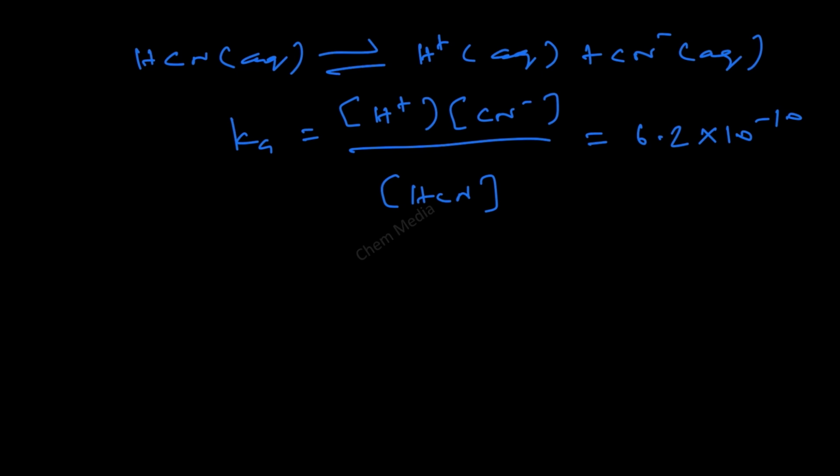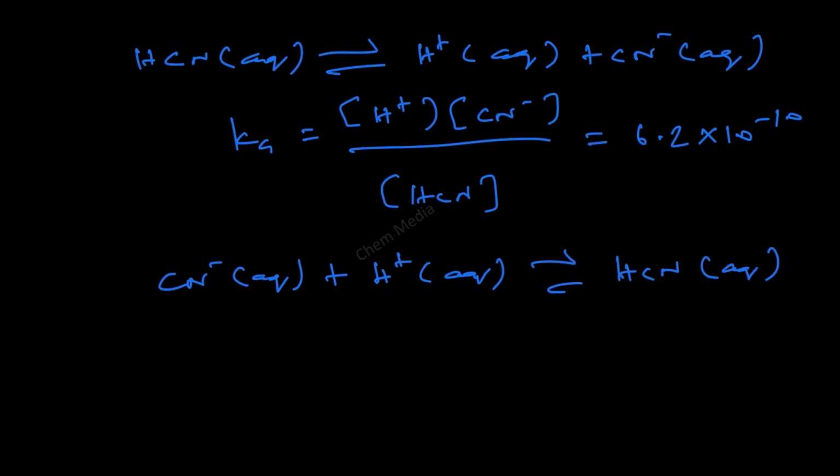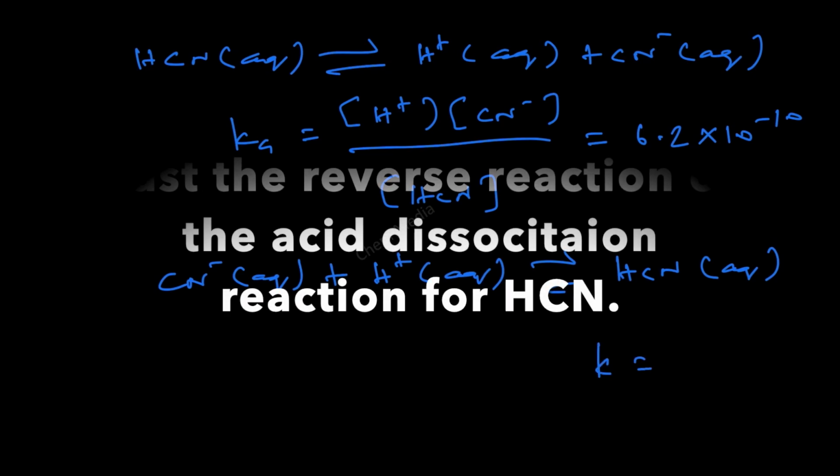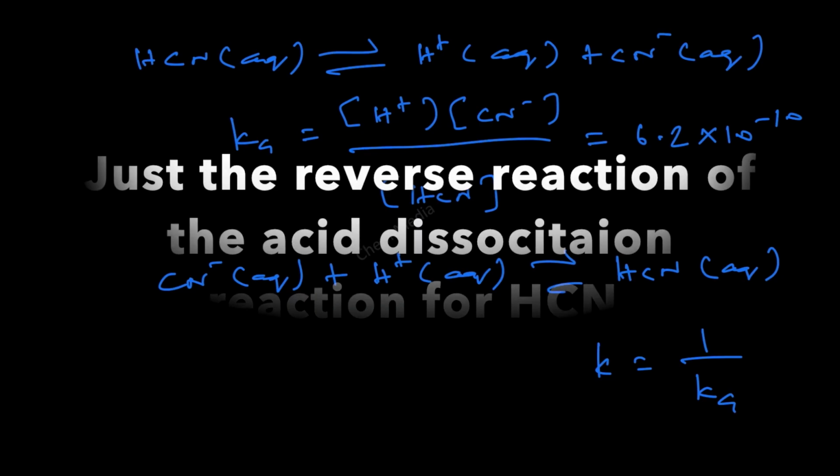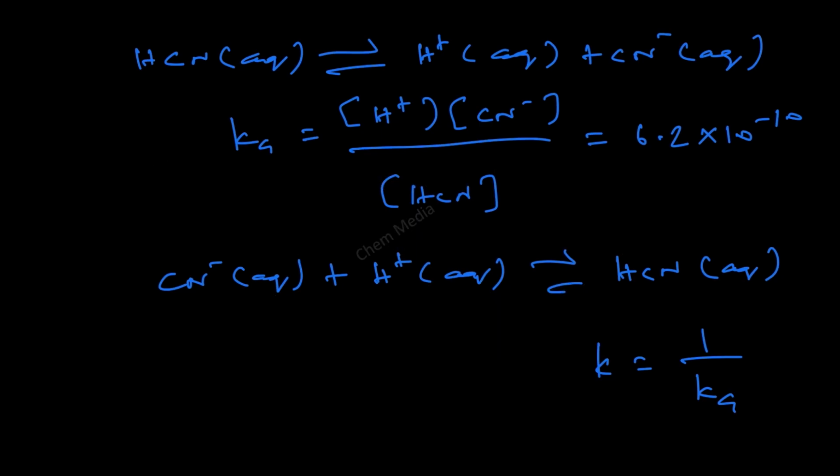This value is given. So therefore, we can write that CN minus plus H plus giving HCN, for that K is equal to 1 by Ka, isn't it?